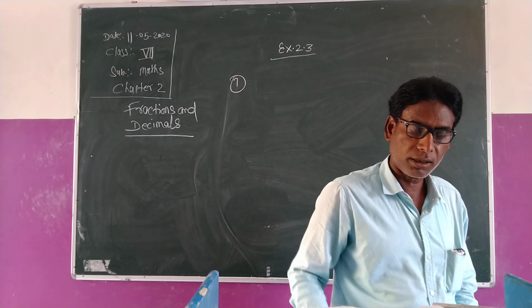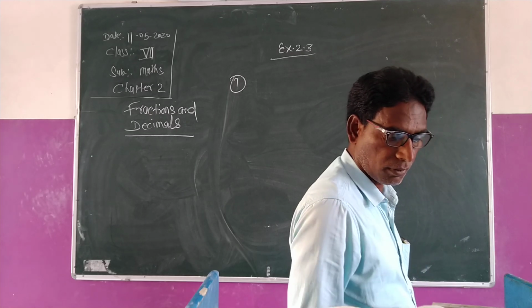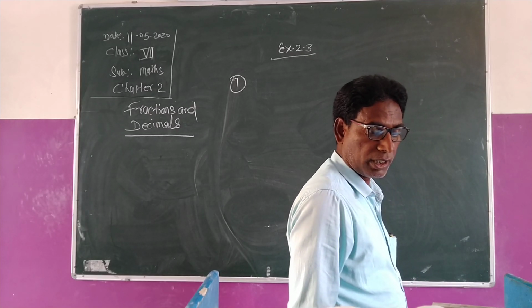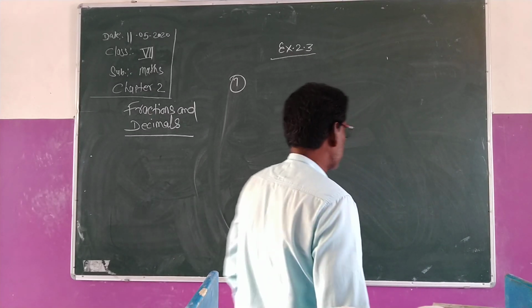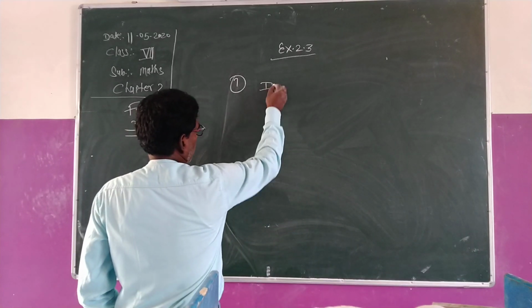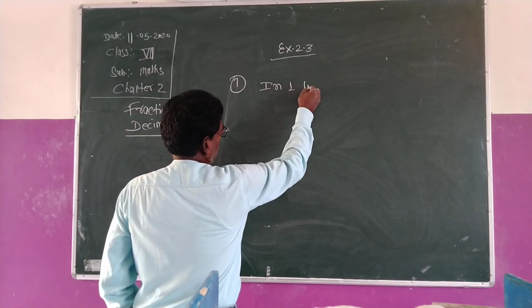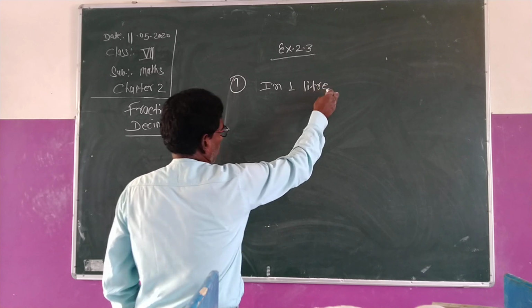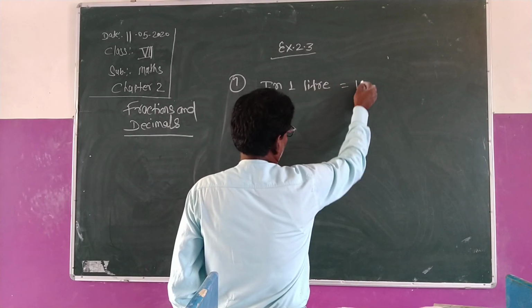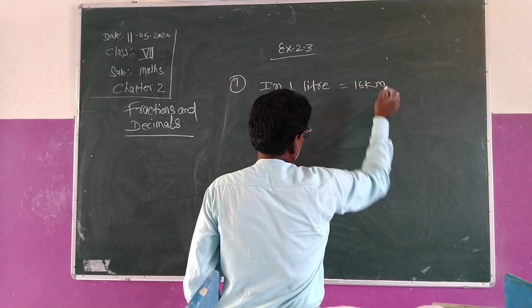How do you write it? 16 km in 1 liter. In 1 liter is equal to 16 kilometers.